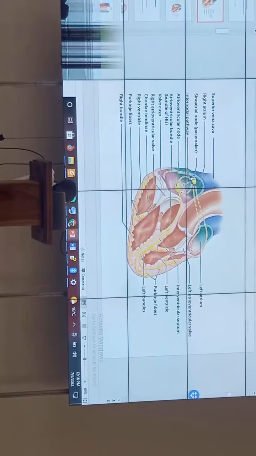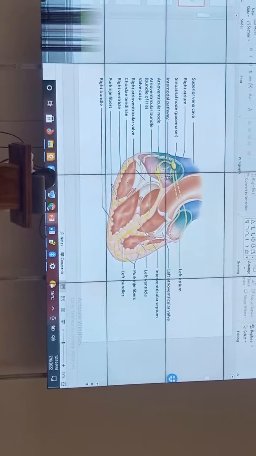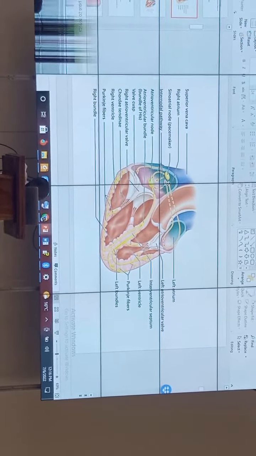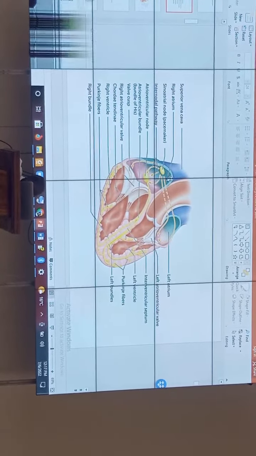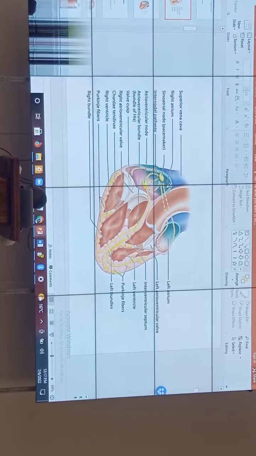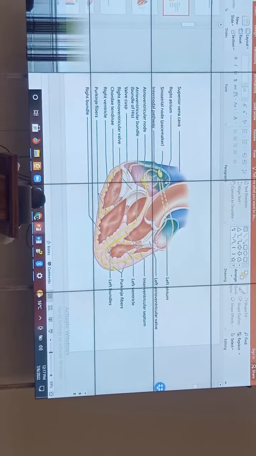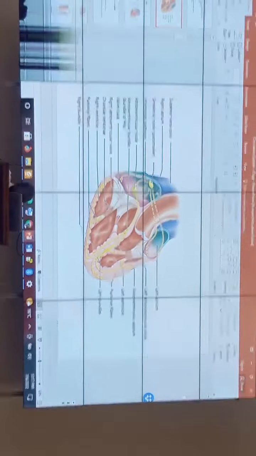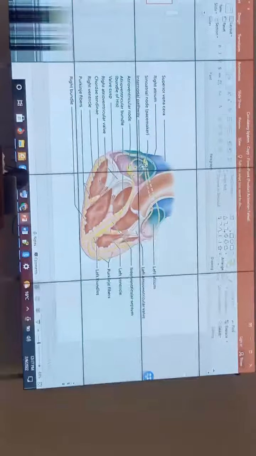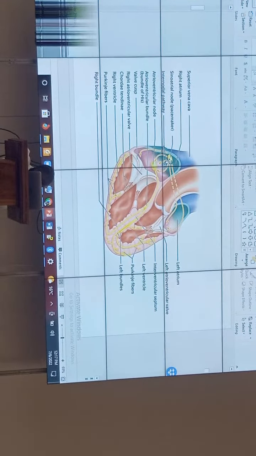The pacemaker, in other words, is the component of the conducting system that generates impulses. So the SA node is this one here, and it is the one that generates impulses.